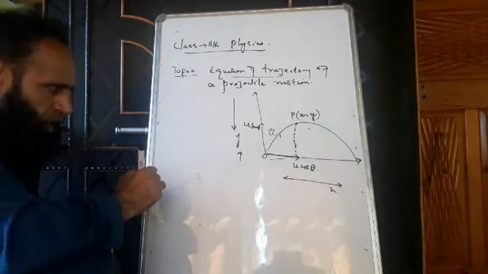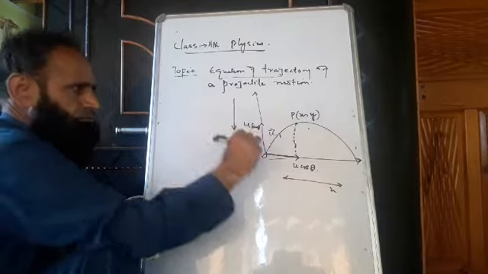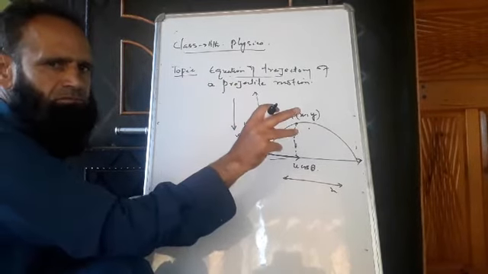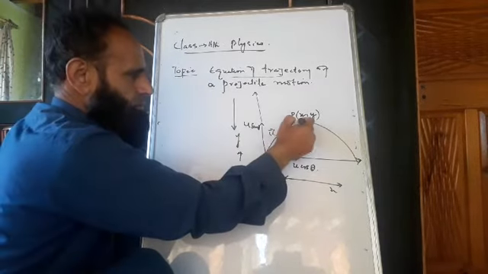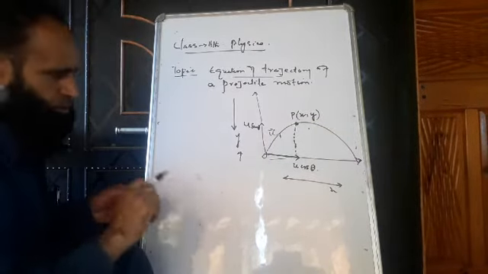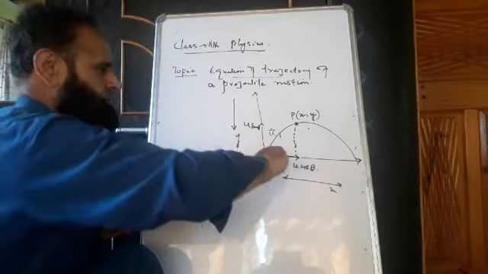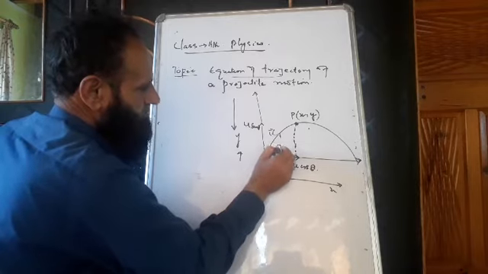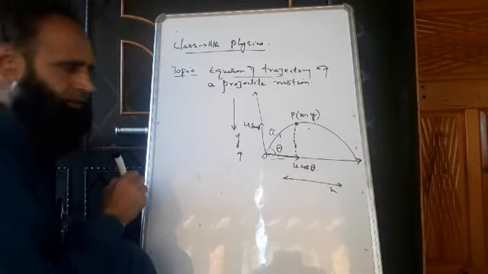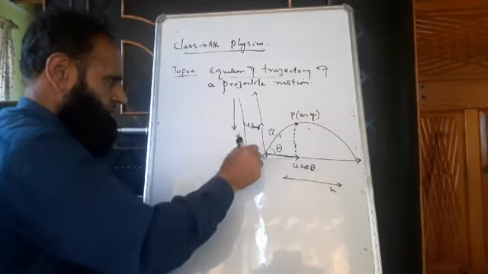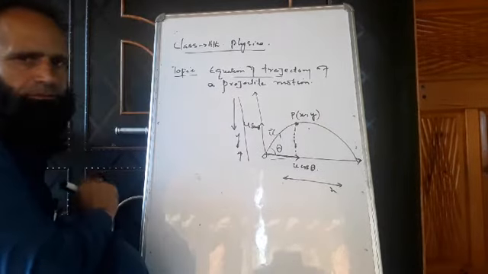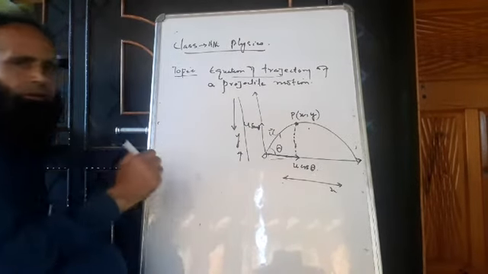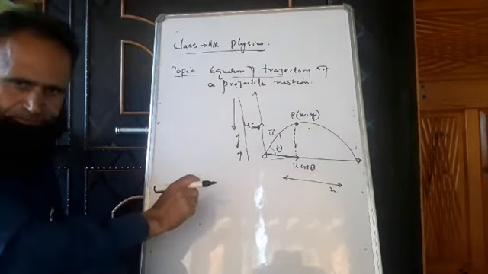We have thrown any projectile, a stone, a ball, or anything. Let the projectile make an angle theta with the ground. This is our ground level. This is our vertical component and this is our horizontal component, and u is the velocity.